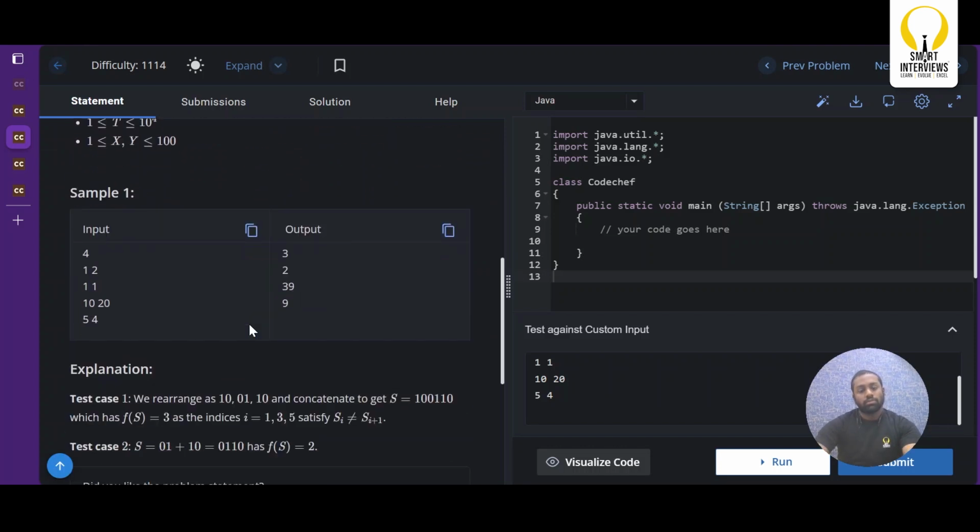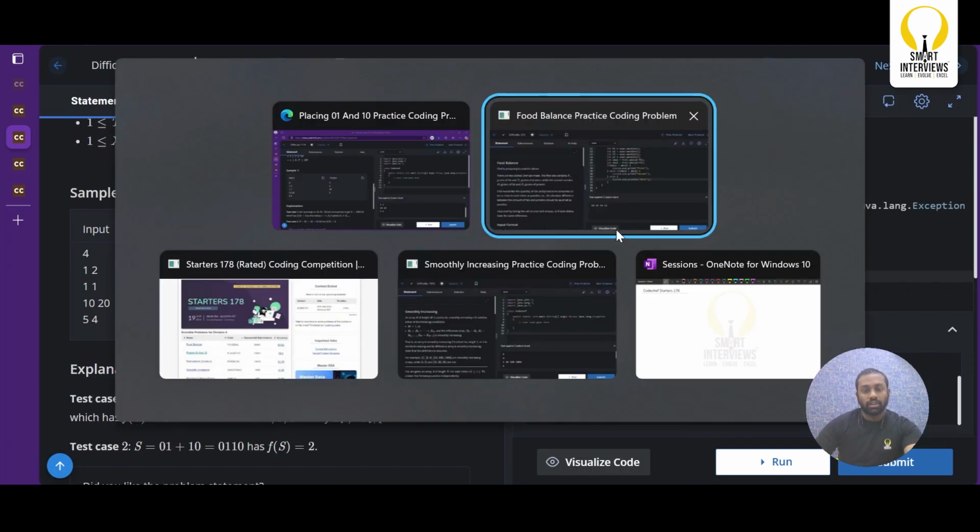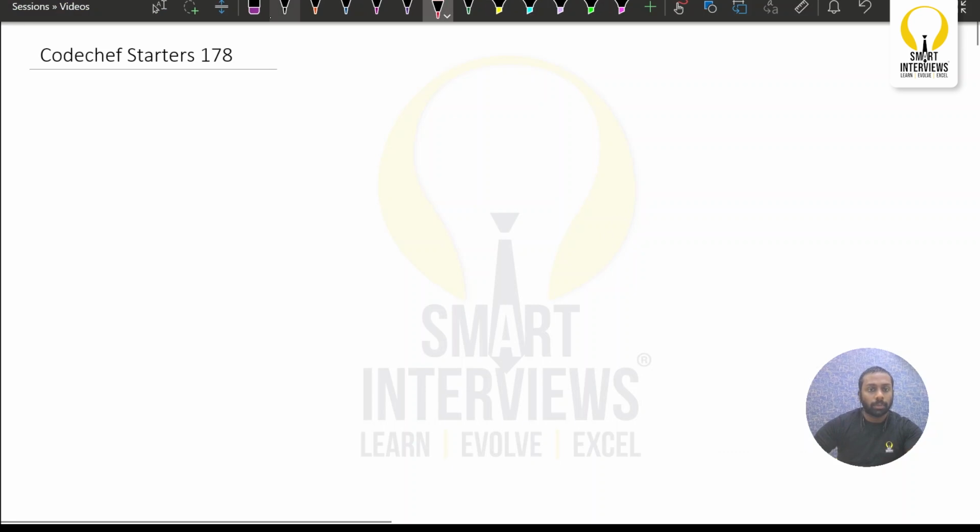All right, cool. So pretty straightforward, but let's take an example and try to understand. Let's say x and y values are 2 and 3.